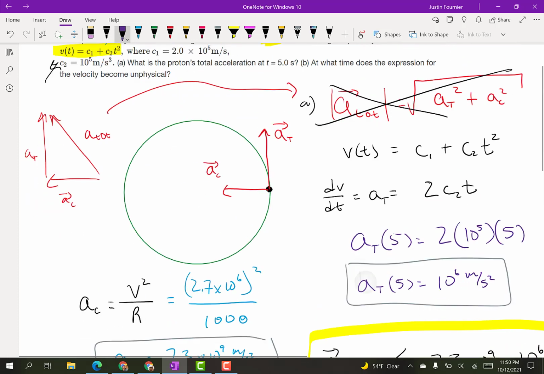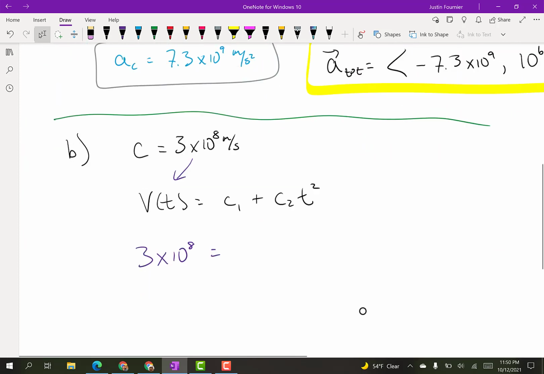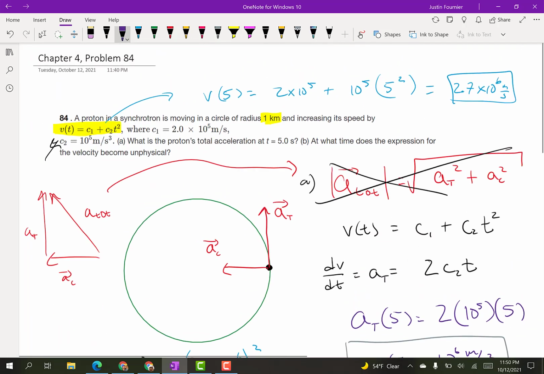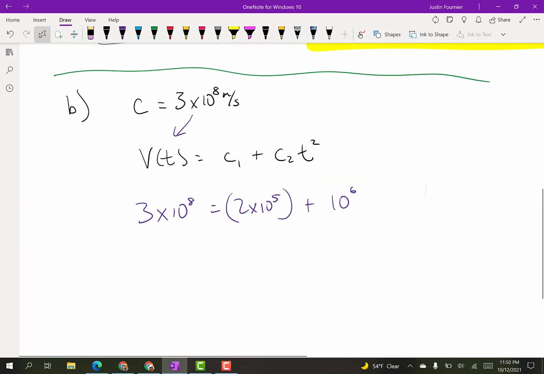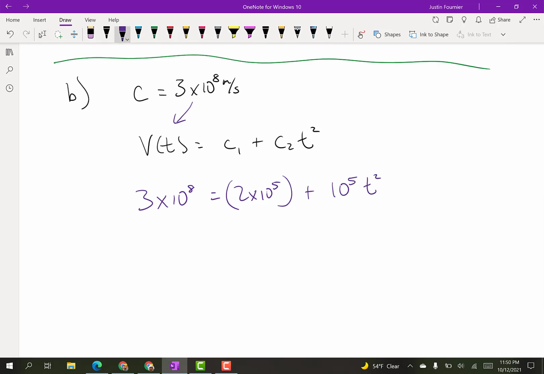equals c1 is 2 times 10 to the 5, c2 is just 10 to the 6, I think. Nope, 10 to the 5. And then t squared. So let's see, I'm going to subtract both sides by 2 times 10 to the 5.